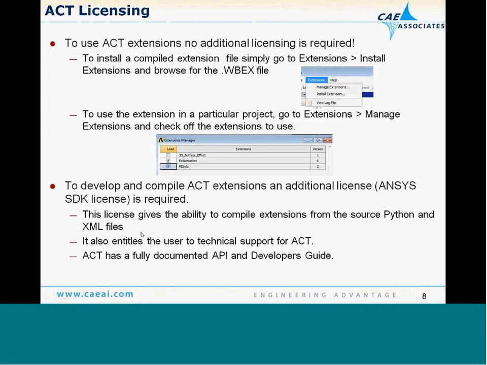So the license is for you to create that file to give to other people. And then, as a part of that, you also get technical support for ACT and the documentation, the developer's guide, and the API guide for how to create your own extension. So that's in terms of how it's licensed and set up.